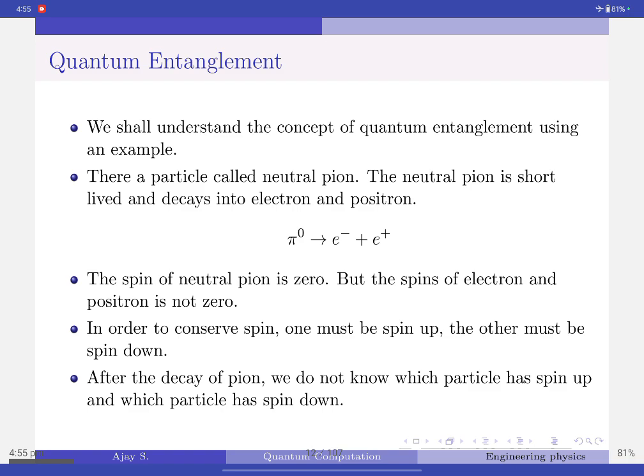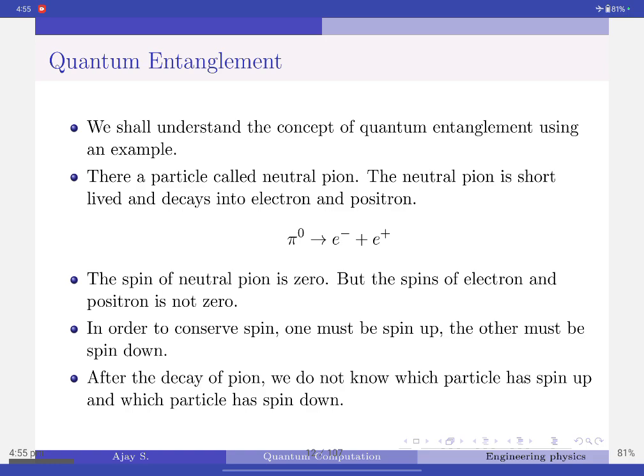There is a particle called the neutral pion. The neutral pion is short-lived and decays into an electron and a positron. So pi 0 is the neutral pion, and it decays into an electron, e minus, and a positron, which is the antiparticle of the electron.